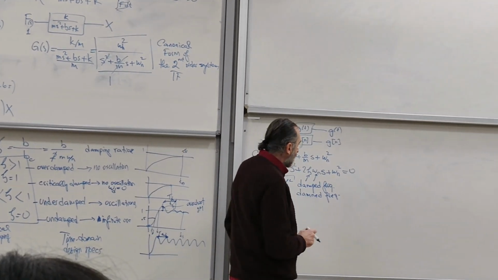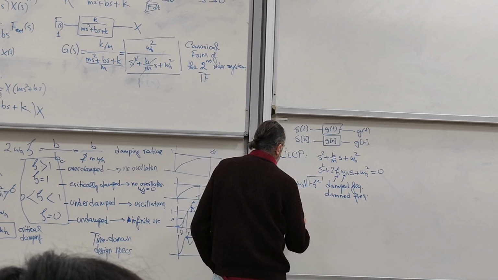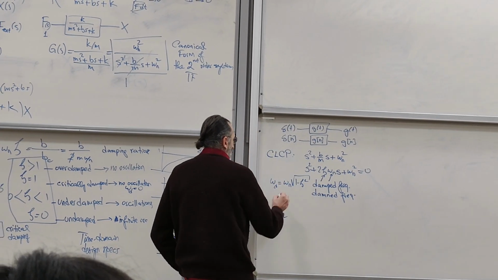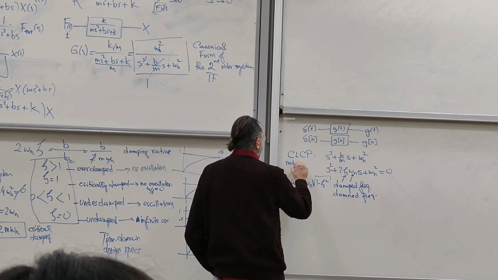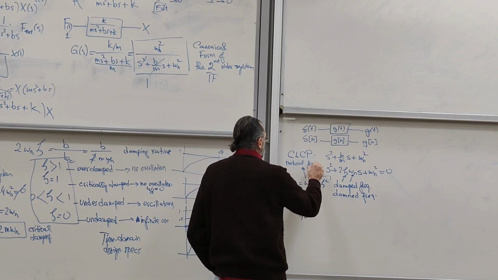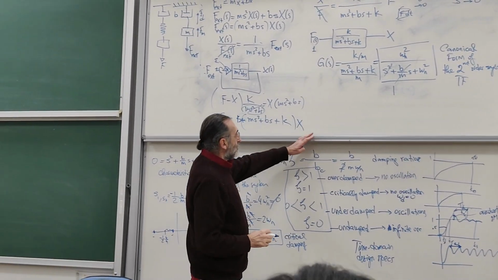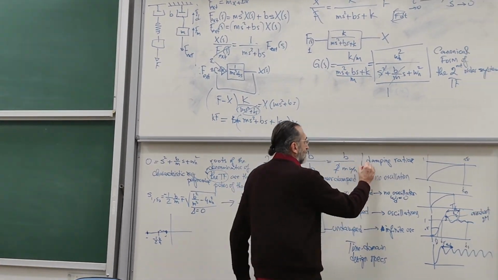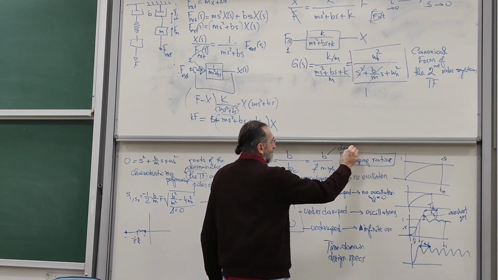Alright. And then the S1 and S2: omega n is the natural frequency, zeta is the damping ratio, and b is the damping coefficient.